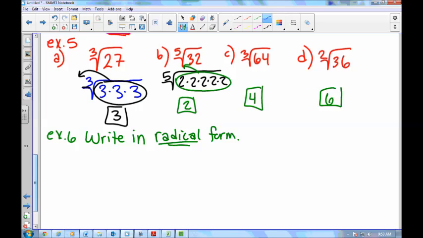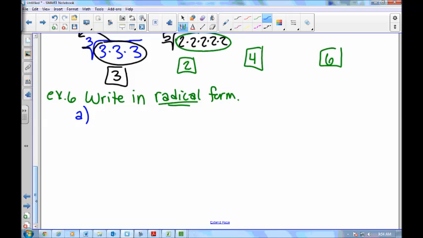Okay, I'll help you with part A, and then I'll give you 2 to try. A is a raised to the 5/6. If you look up above on your notes, the square root, where did we place the 2 when I showed you the square root's equivalent in radical exponents? Where did the 2 go?